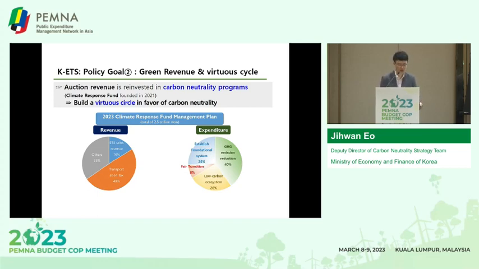So in 2021, Korean government launched the Climate Response Fund in size of 2.5 trillion won, which is about $2 billion, to specifically manage these green revenue and expenditure. This is part of the virtuous cycle of carbon neutrality that Korean government is willing to build, creating green revenue by running the ETS system, and then use these revenue for carbon neutrality projects.